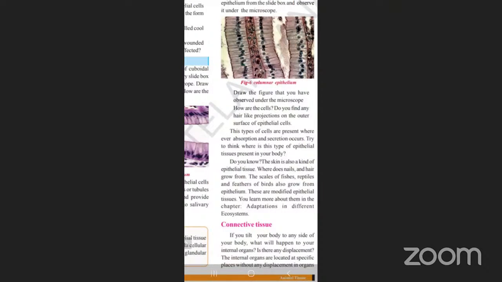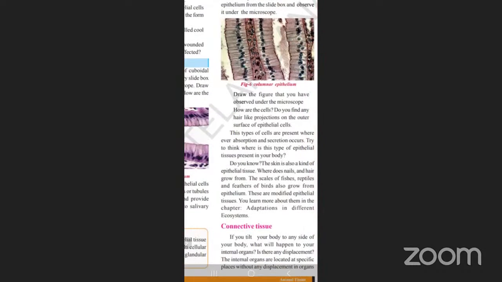In the future, in intermediate, you will have slides and specimens. When we go to the lab to observe slides, we have to draw the diagrams in our observation book. In the practical exam, they will give a slide directly without mentioning its name. By observing that slide under the microscope, we have to find out which slide it is.